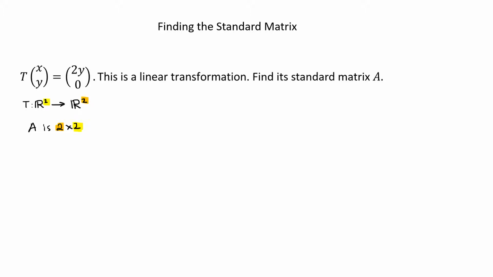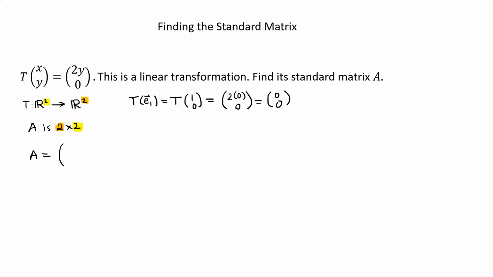And to find the first column of A, we're going to calculate T of the vector e1, which is just (1, 0). Okay, so our x here is 1, our y is 0, so the result is (2 times 0, 0). This gives us the vector (0, 0).